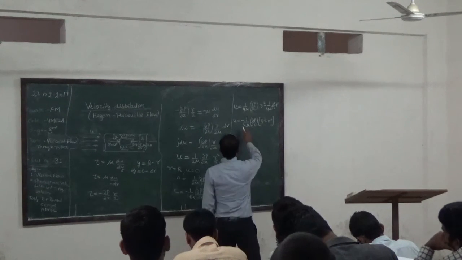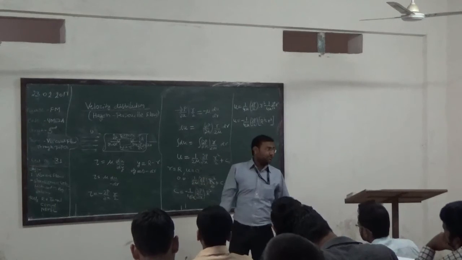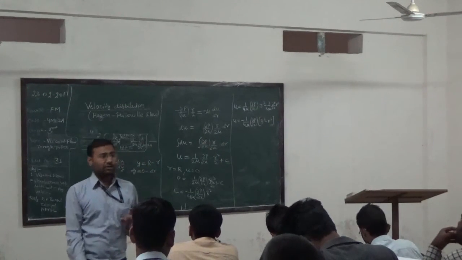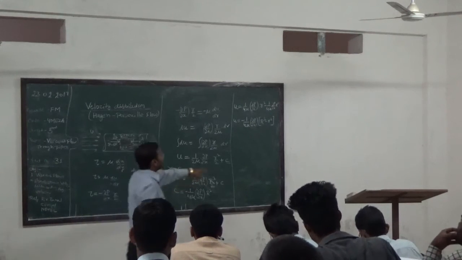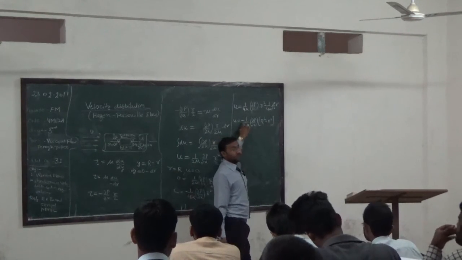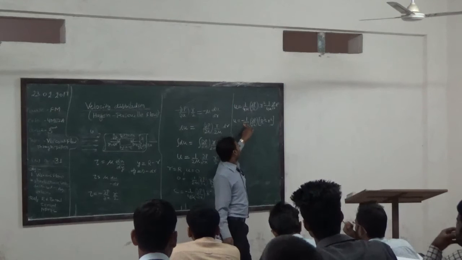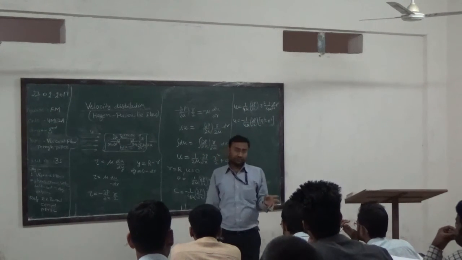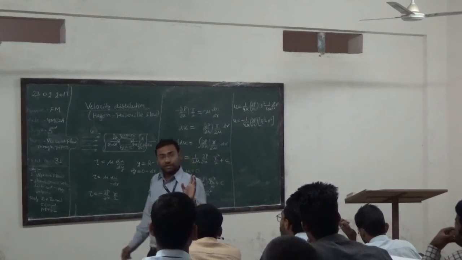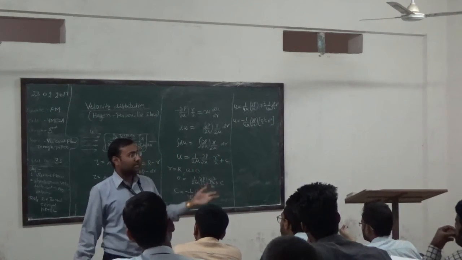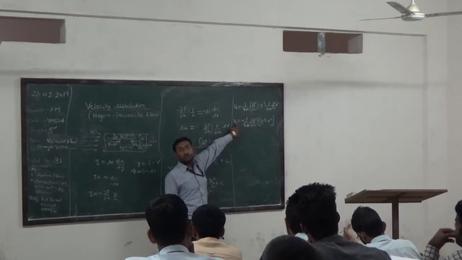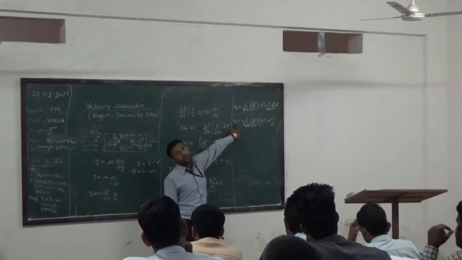Now, the velocity must be positive. But we have a minus sign here. So another important conclusion: the sign of del p by del x must be negative, which means pressure must decrease in the direction of flow. Only then will the velocity become positive.